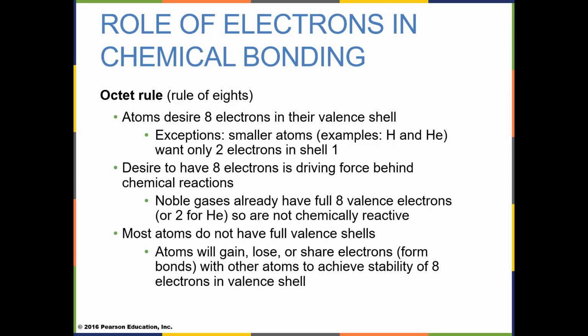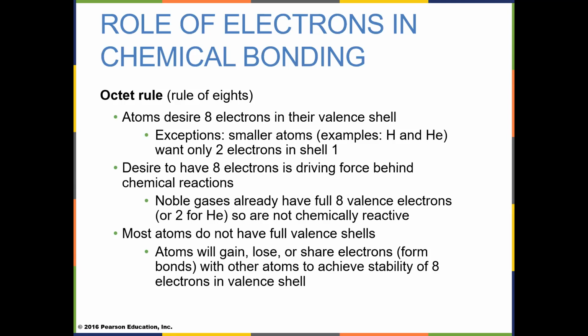Chemical reactions are driven by this desire of the atom to fill up its valence shell. That's why chemical reactions occur. Atoms are trying to get 8 electrons in their valence shell, and that need drives chemical reactions. So if you already have your valence shell filled, nothing's going to happen.